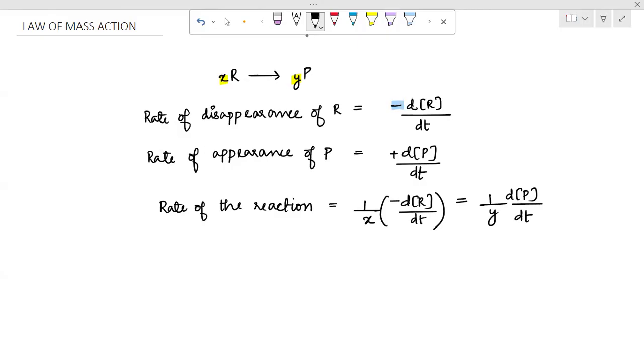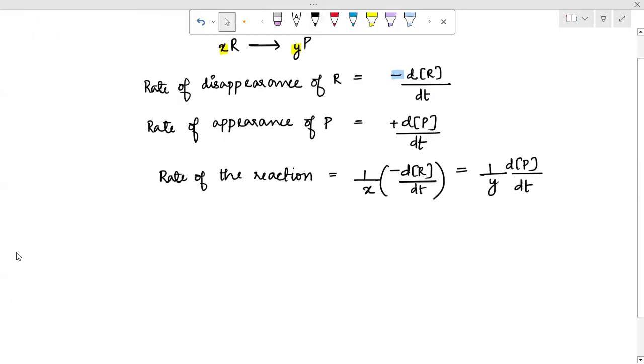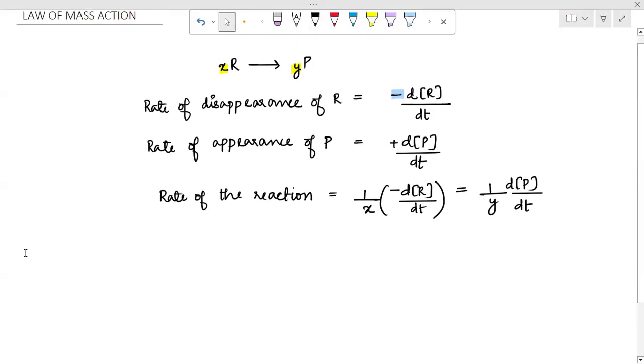Okay, so this is the generalized expression of what we discussed yesterday, based on which there was a homework also given. So please revise whatever we have learned every day. So this is the summary of yesterday's class. Also, we did discuss that whatever the type of rate is, whether it is disappearance, appearance, or rate of the reaction, it is always going to be positive.